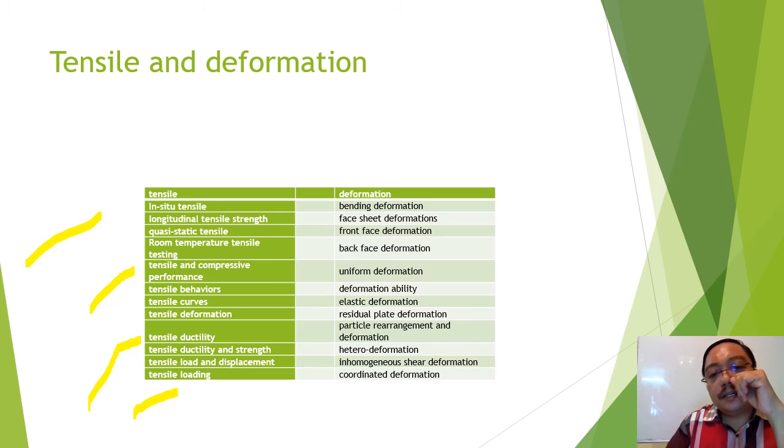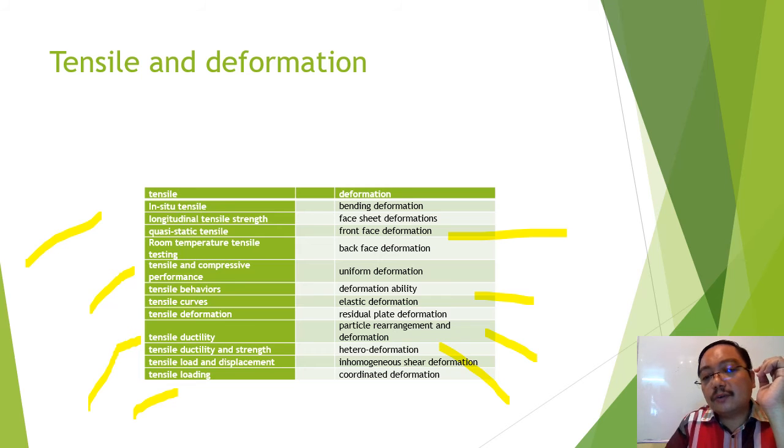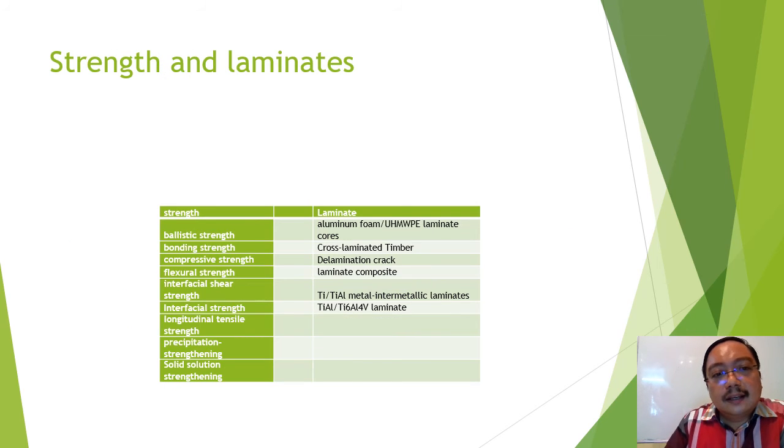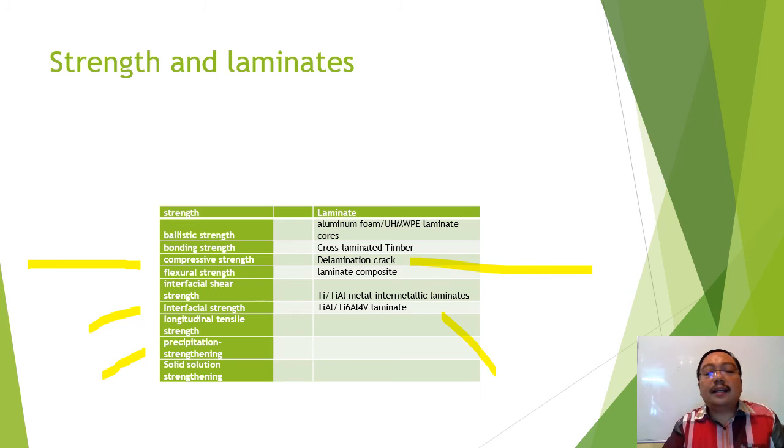And then the deformation: bending deformation, back deformation, uniform deformation, elastic deformation, hetero deformation. Strength: ballistic strength, bonding strength, interfacial strength, and then the laminates, many kinds of laminates and many kinds of names of material, equipment and everything.